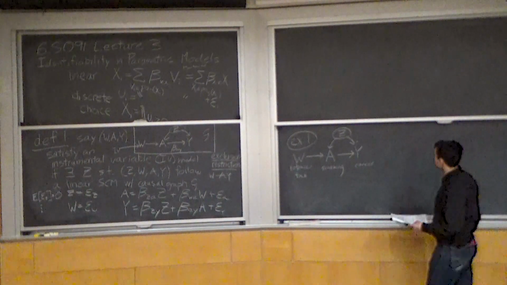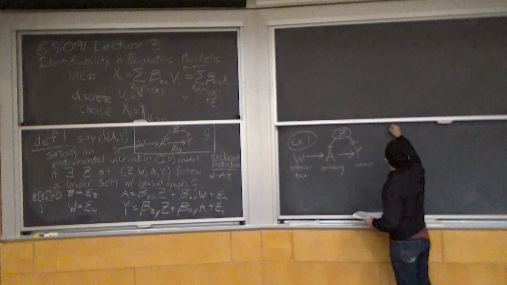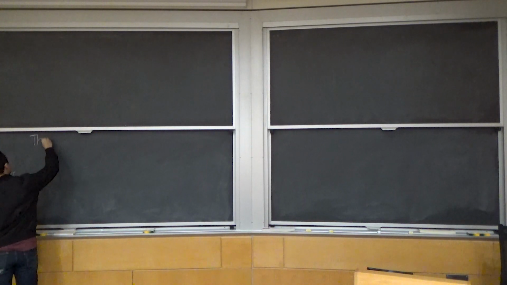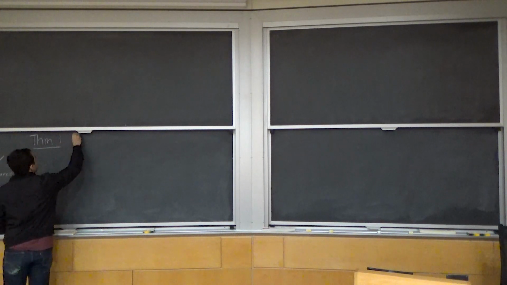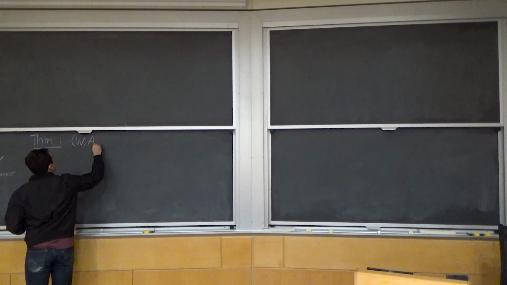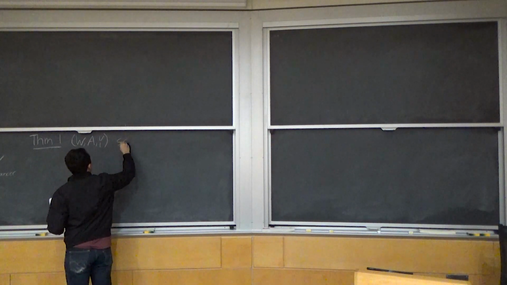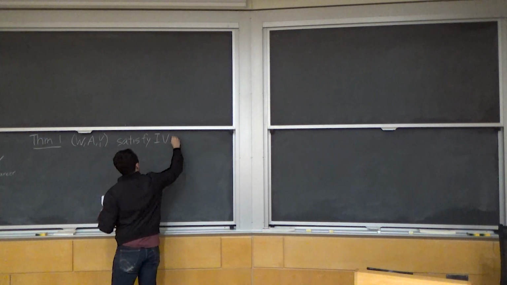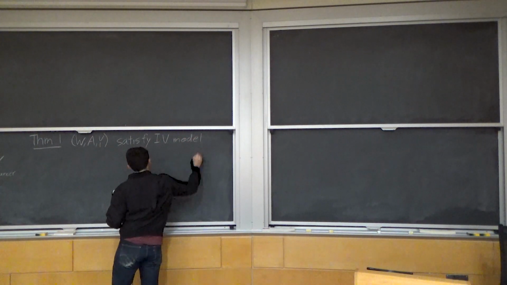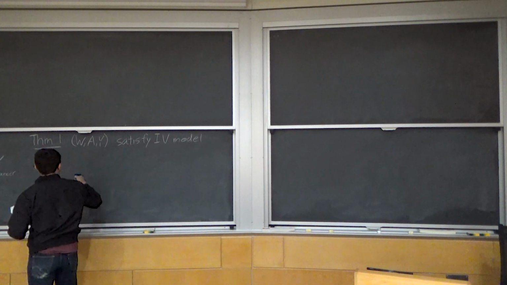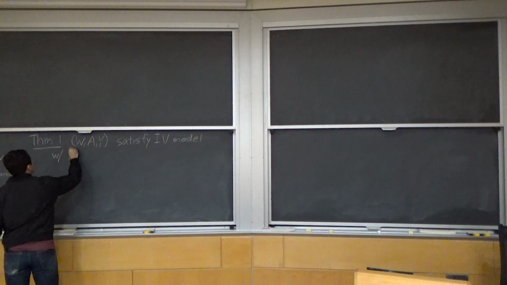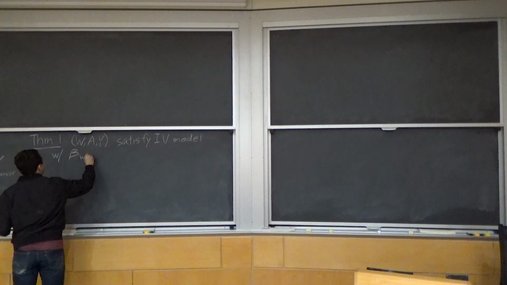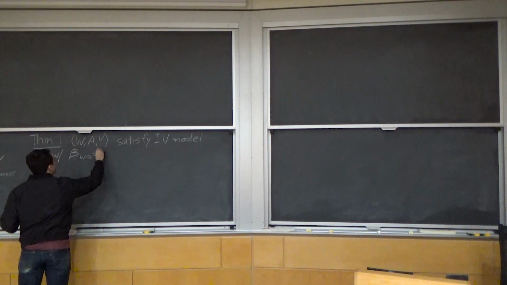Great. So the theorem here is going to be that if we have W, A, and Y satisfying the IV model, with, in particular, we're going to need that this is in some sense a true instrument, so beta WA is not equal to 0.